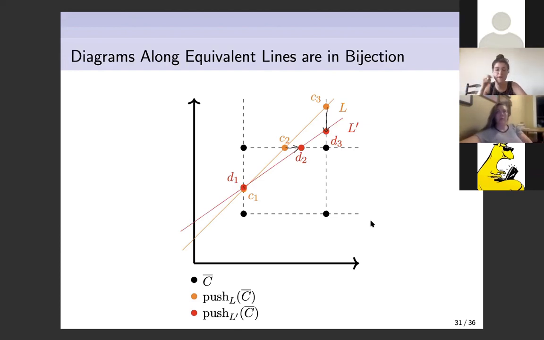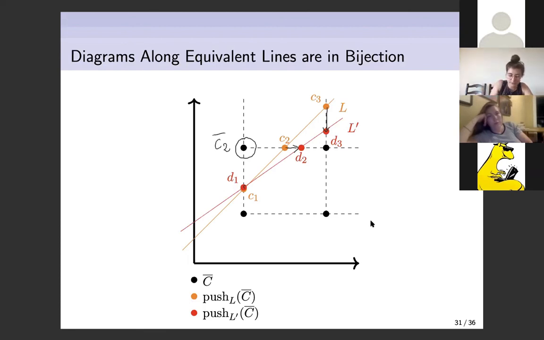Okay, and how is this bijection obtained? Well, C2, as we know, is obtained from pushing a critical value onto L, so it corresponds to a critical value. For this, we would use the bar notation. The critical value it corresponds to is C2 bar, which is the closest critical value that is smaller or equal to C2.